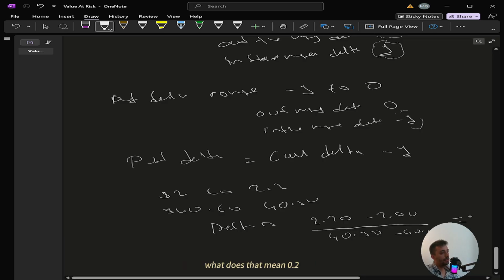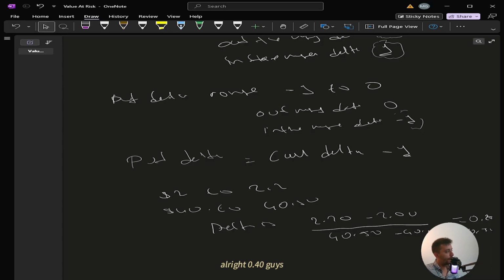What does that mean? 0.2 over 0.5, and then it must be equal to 0.40. All right, 0.40, guys. That is really easy.